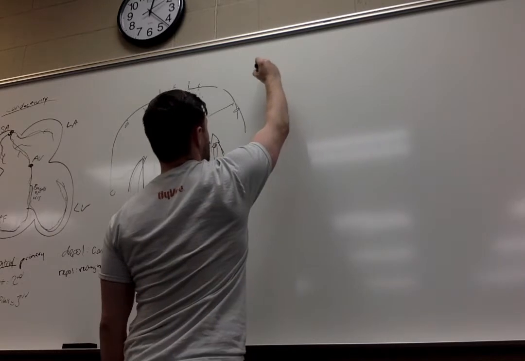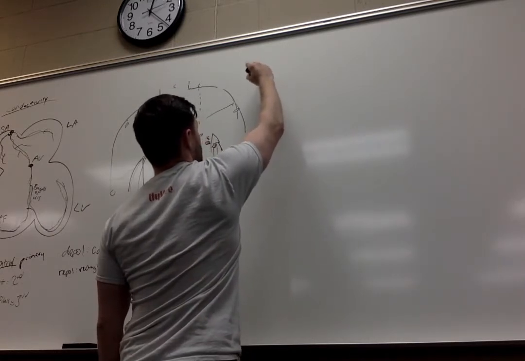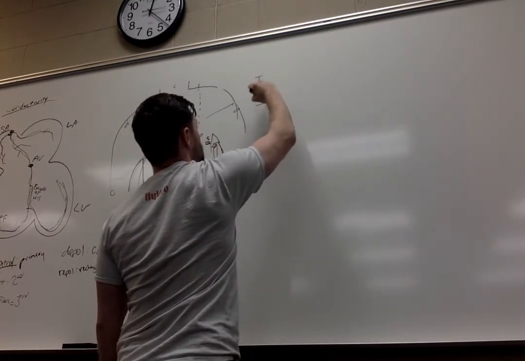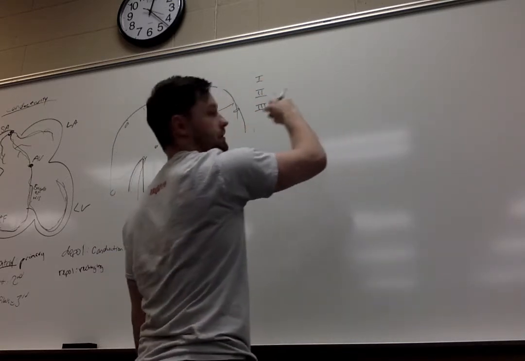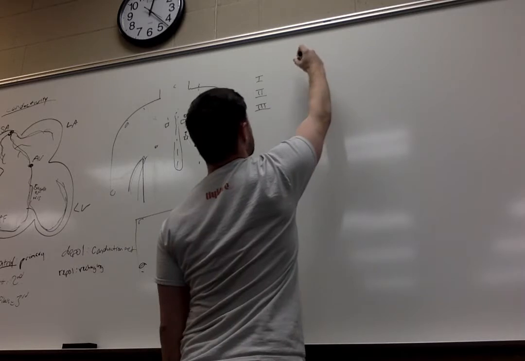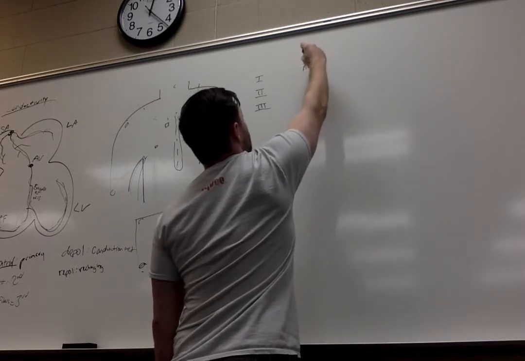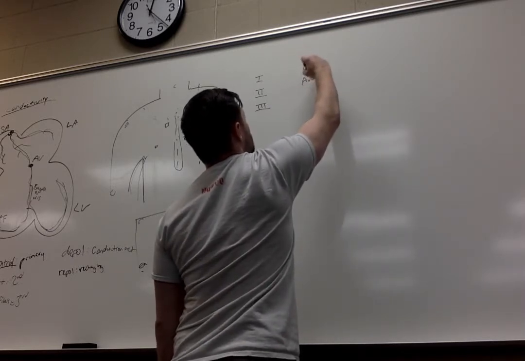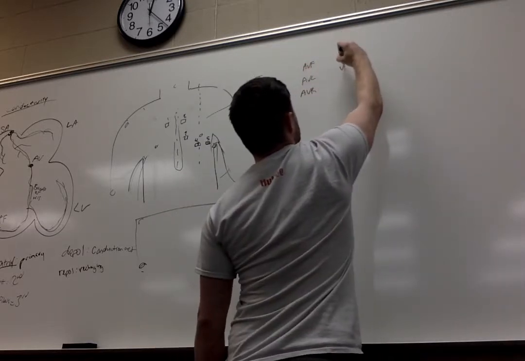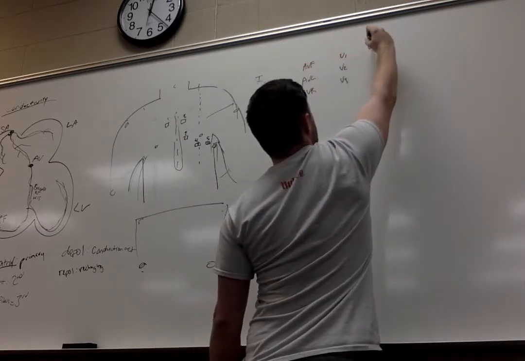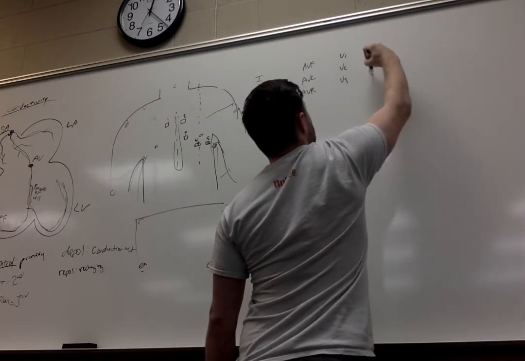And you're going to see in this order on the EKG strip. Very important, and this is something I would probably take a picture of and memorize. I'm about to put down aVF, aVL, aVR, V1, V2, V3, V4, V5, V6.